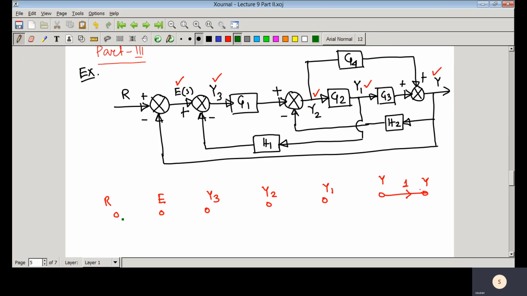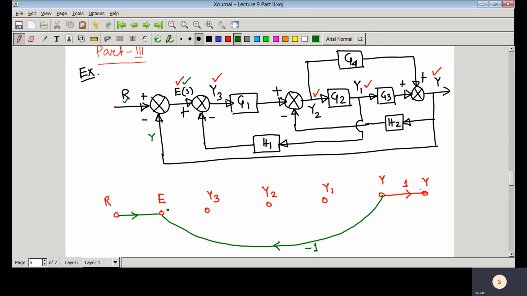Here you can see that E equals R minus Y. So here you have Y, and this is a branch with gain 1.